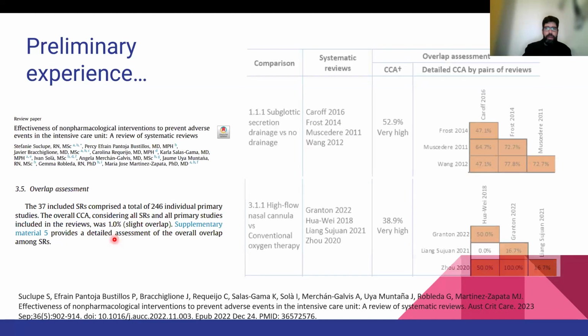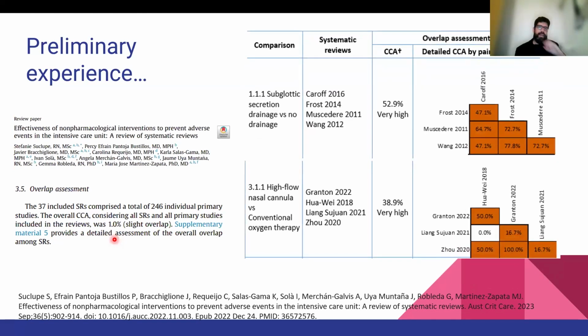I should not worry about this. But we also did CCA at an outcome level. And when we saw each outcome, okay, CCA for the first outcome, 52%. This is a huge CCA, and 38%. So this is very, very high.